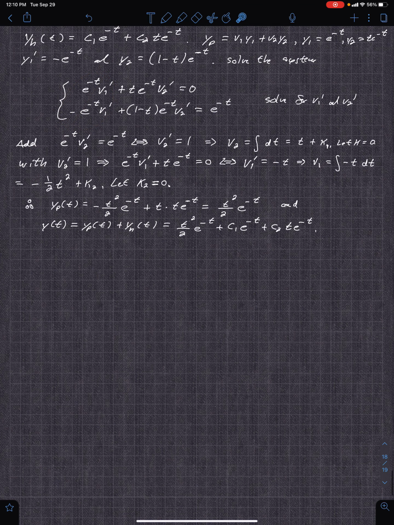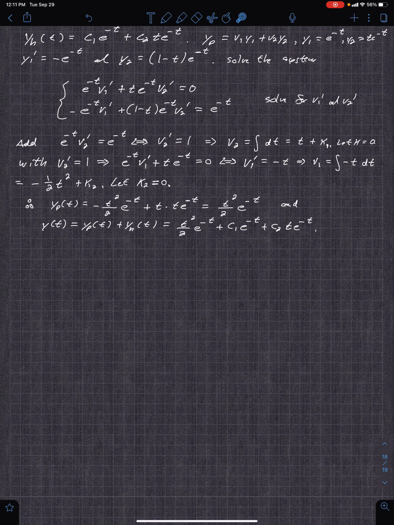So then stuff is going to simplify here. So basically just doing t plus 1 minus t is just 1 times e to the negative t. Divide and you get 1, and then the rest is pretty simple.